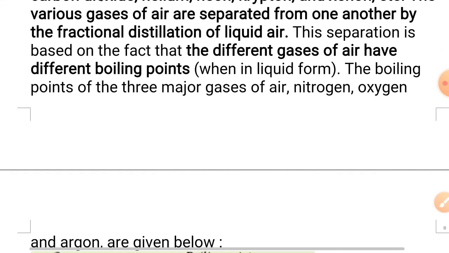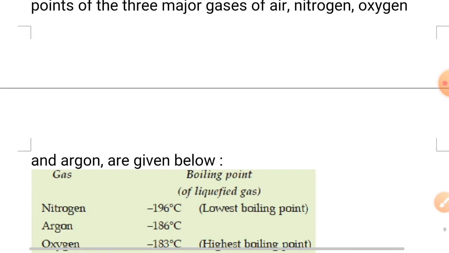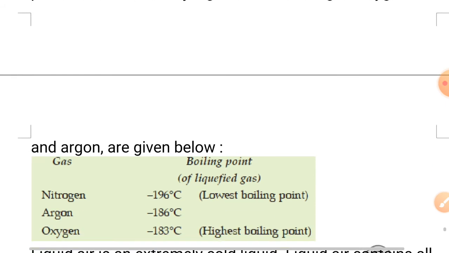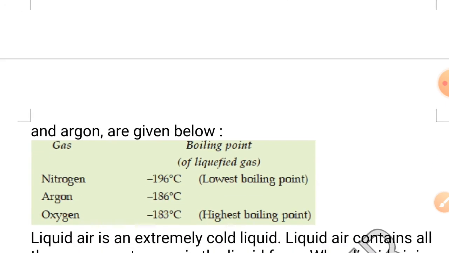Before that, one thing you have to understand: the boiling points of these gases are different, and here you can see them in a table. The boiling point of nitrogen is minus 196 degrees Celsius, the lowest boiling point.